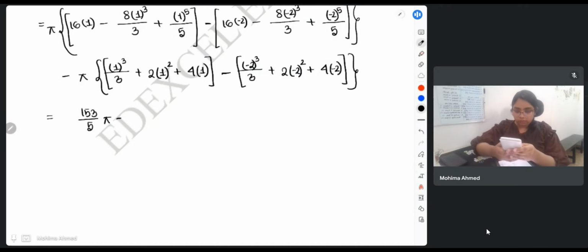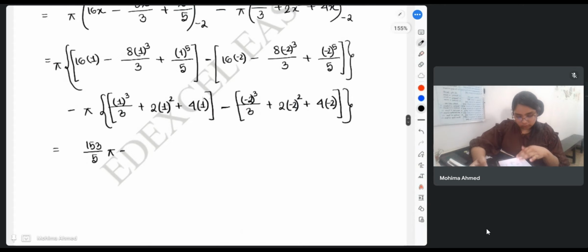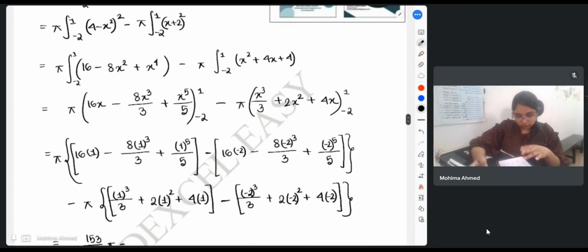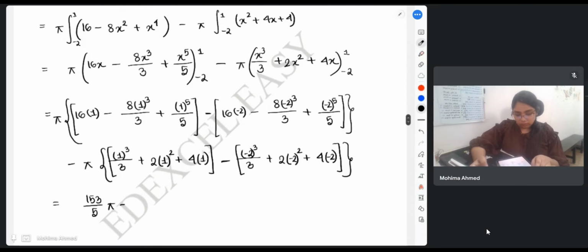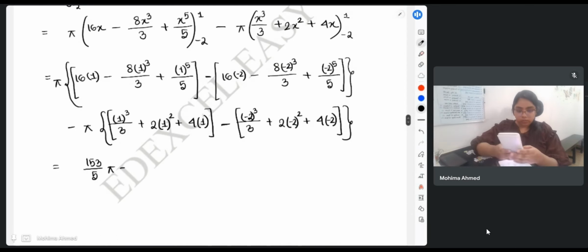And for the second part, now you have 1 by 3 plus 2 plus 4. And this has to be subtracted from minus 2 power 3 by 3 plus 2 minus 2 square plus 4 minus 2.